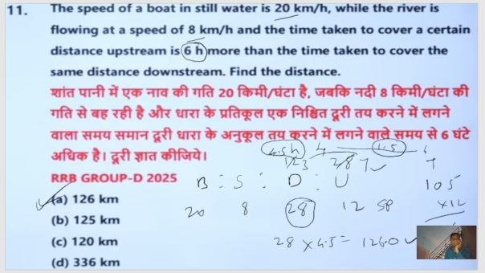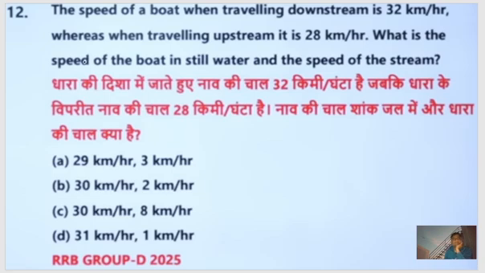The next question, and the last question, is: the speed of boat when traveling downstream is given and the upstream speed is given. So boat, stream, downstream and upstream. Downstream speed is 32, upstream speed is 28.